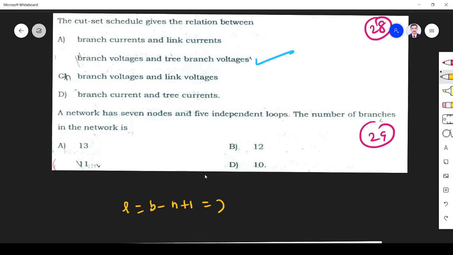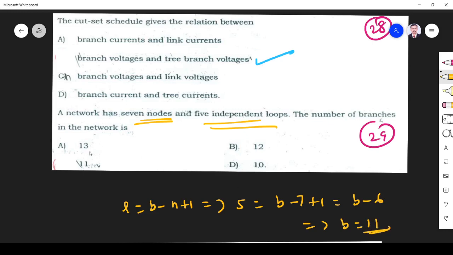L is the number of loops, so 5 independent loops. B is the number of branches, that's what they are asking. B minus N, number of nodes is 7, plus 1, so that is B minus 6. This implies B is equal to 5 plus 6, 11. So option C is the right answer, 29.